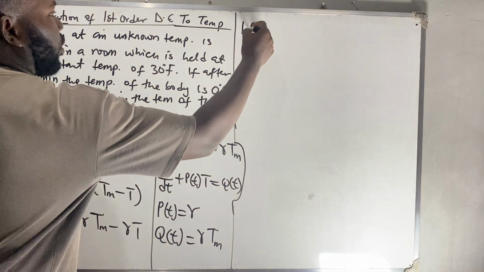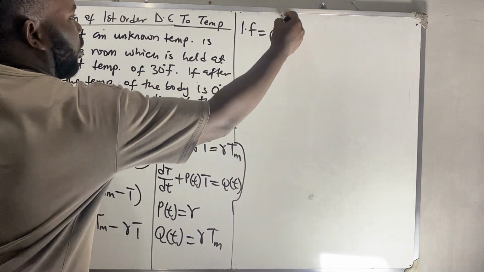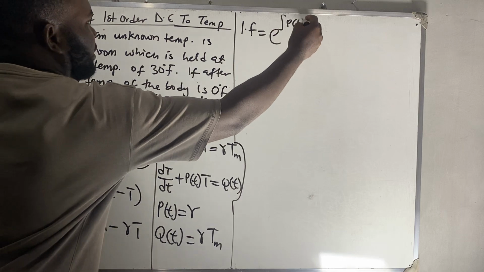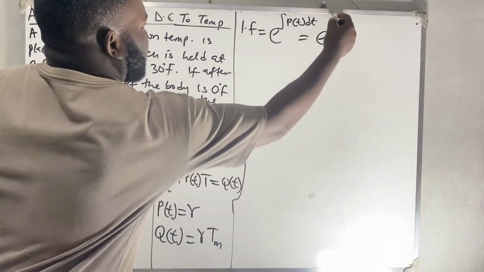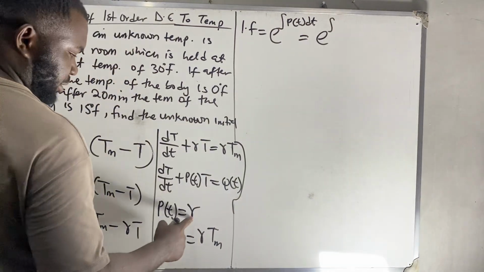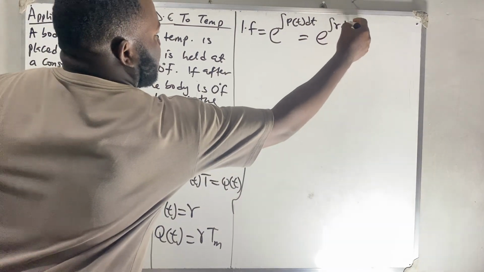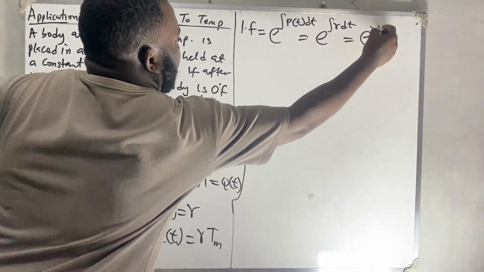Our integrating factor is equal to the exponential of the integral of that p of t dt. Okay, this is equal to exponential the integral of p of t here is r. So I'm having r dt, which is equal to exponential rt.